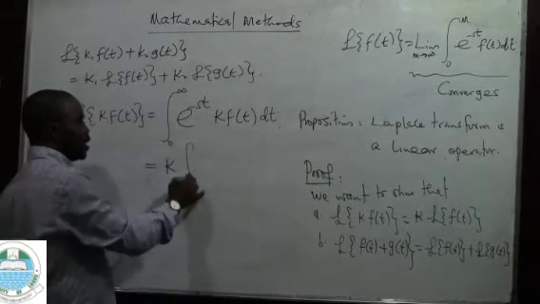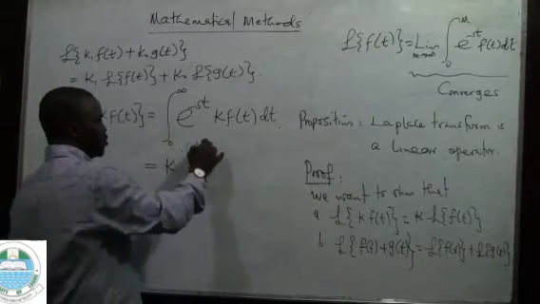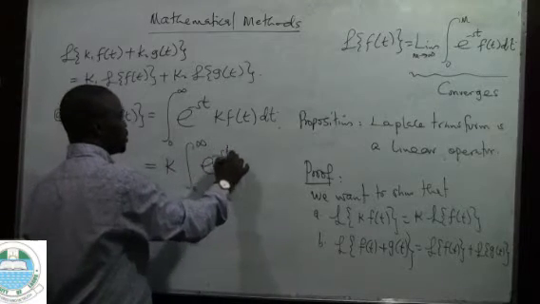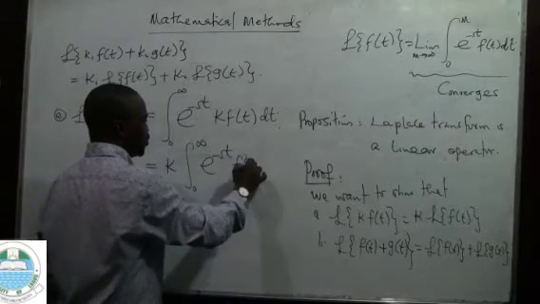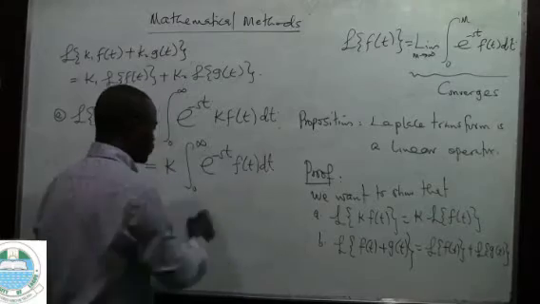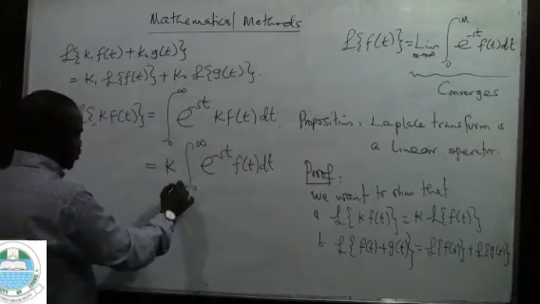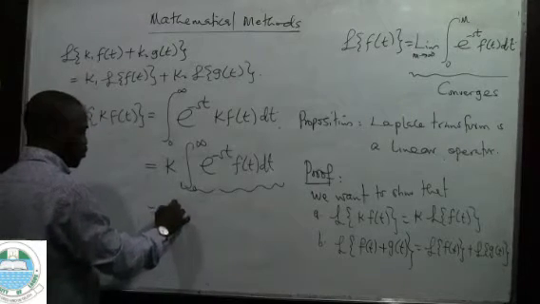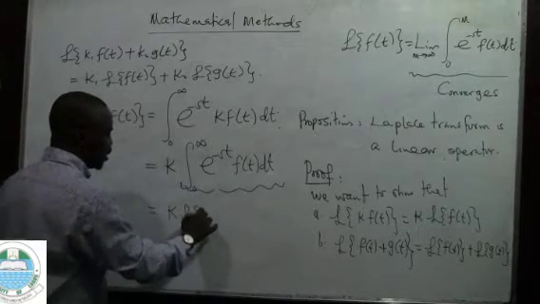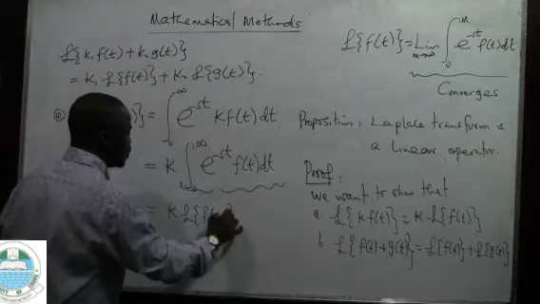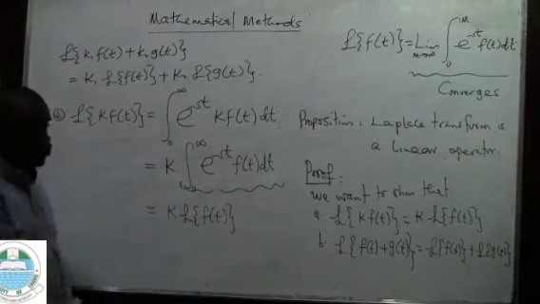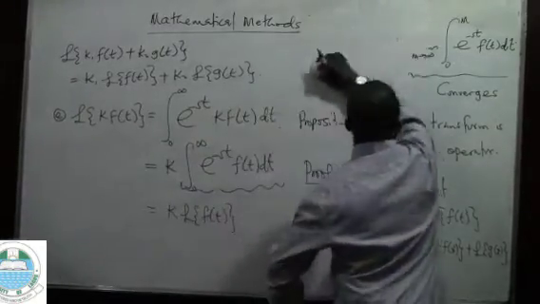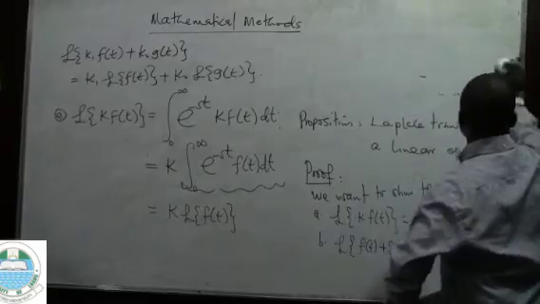We now write k times the integral from 0 to infinity of e raised to minus st f of t dt. By definition, what we have here defines Laplace, and therefore the answer becomes k Laplace of f of t. And that is the proof of the first one. The second one.